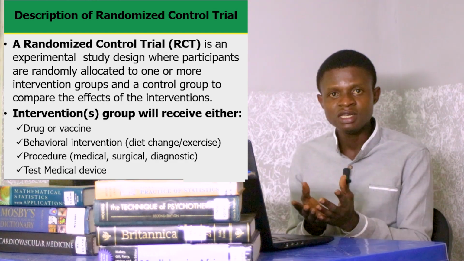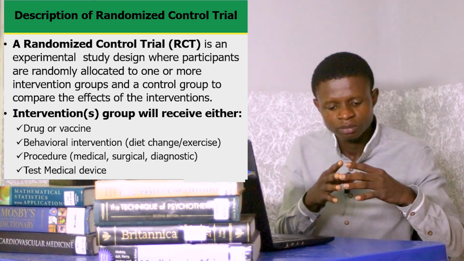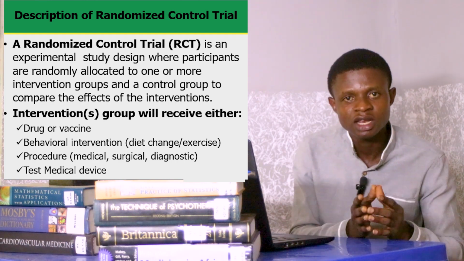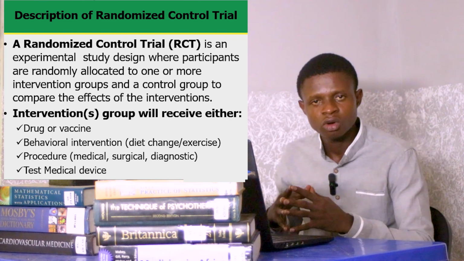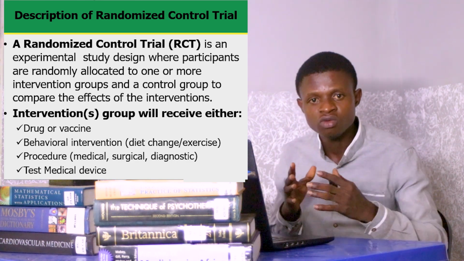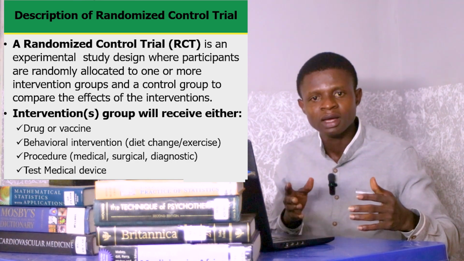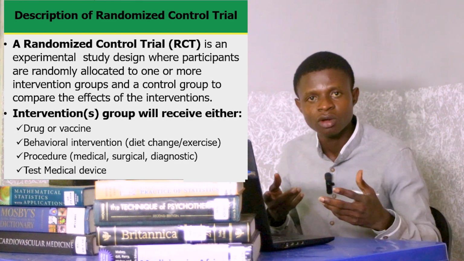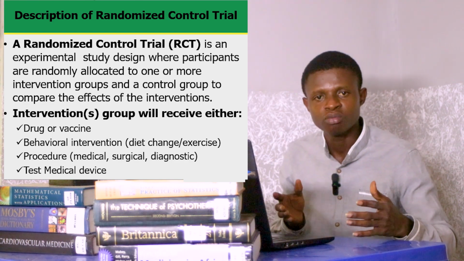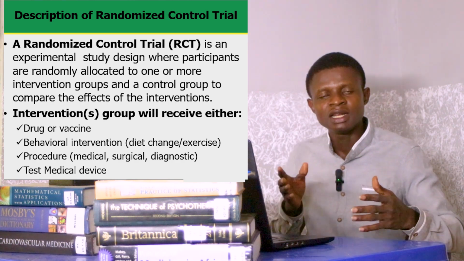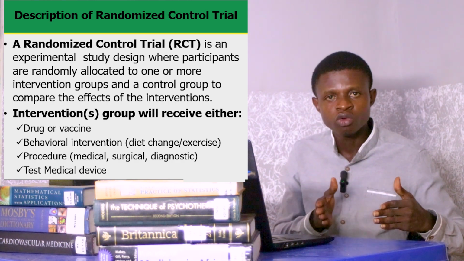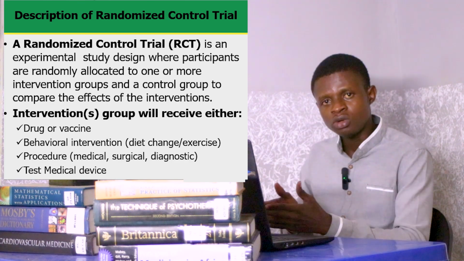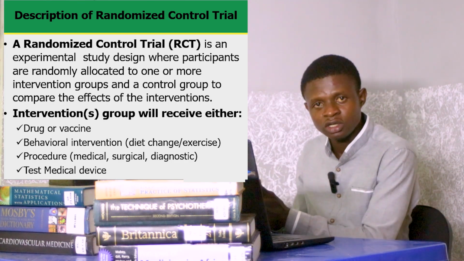And then procedure, so we can give some people medical procedures like surgery and others will not receive the surgery. Then we will see how far these people are improving on their health, so that at the end of the project you will be able to know the significance between someone going through a medical intervention or surgery and the people who did not go through surgery.